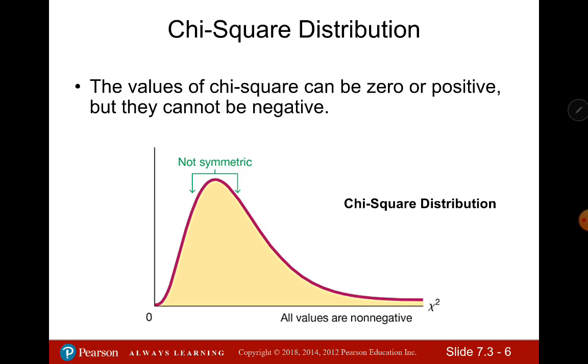The values in your chi-square table, by definition, cannot be negative. By the name, chi-square, it's a squared value, so it cannot be negative. It's possible to be 0 or positive, never negative.